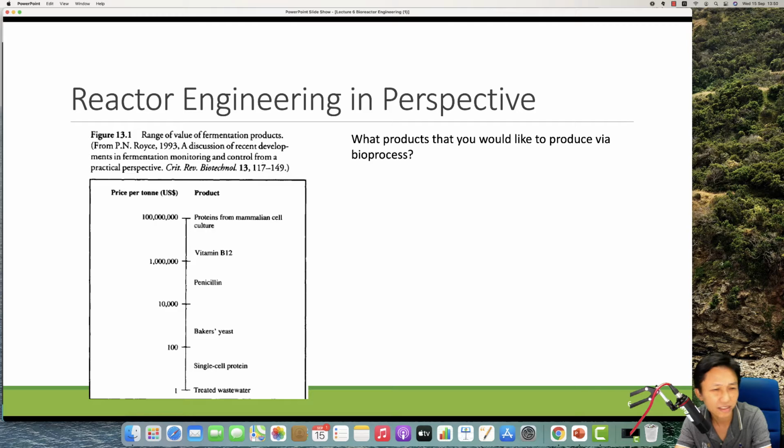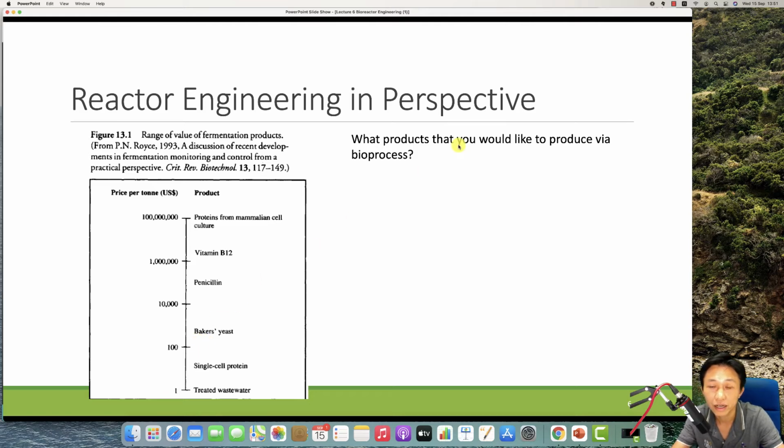It's like 100 million per ton, for example. Okay, if you produce some antibiotic, it is around 500,000 US dollars per 1,000 kilograms, for example. So it's a different kind of scale.